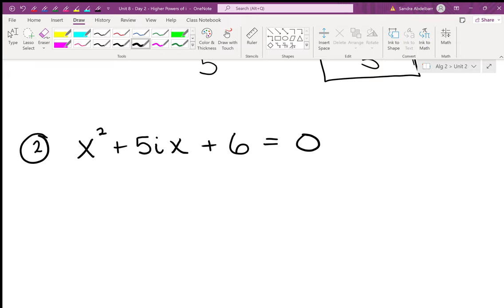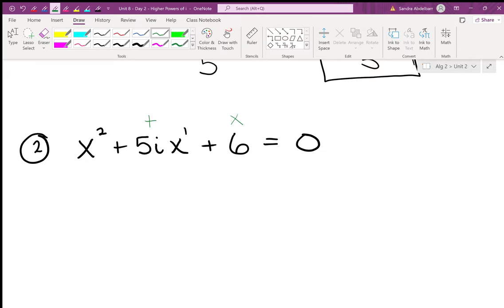Yeah, how do we know this is something we can try to factor? Because we have an x squared and then an x to the first. All right, now remember, when we're factoring, we need factors of the last number that add to the middle coefficient. Do we agree? But the only way to add to i is if both factors have what in it? An i. The only way to add to an i is if both factors have an i in it.